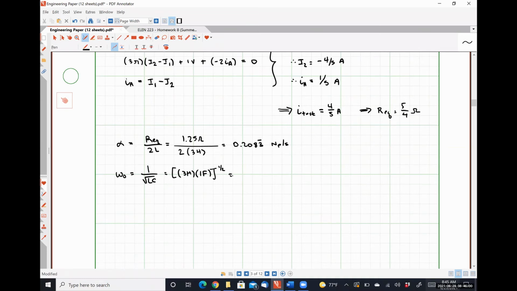It's the square root of 1/3, which is 0.577 radians per second. So we can see that omega naught is greater than alpha, which means this circuit is underdamped, right?